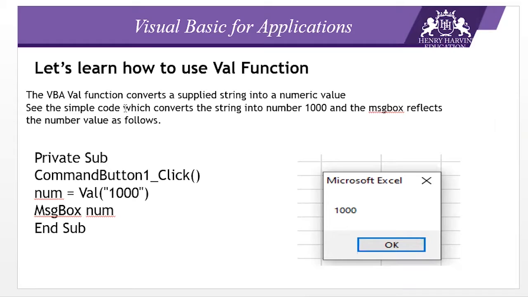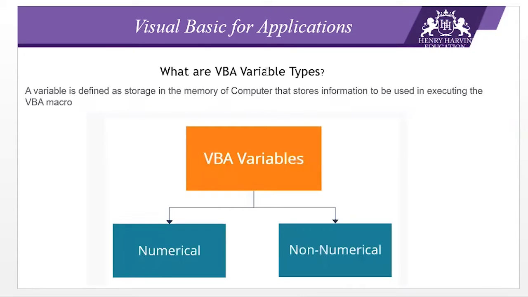After that, let me walk you through data types, how important they are in VBA, and why we should declare them. Let me tell you what VBA variable data types are. What is actually a variable? A variable is nothing but defined as a storage in memory.